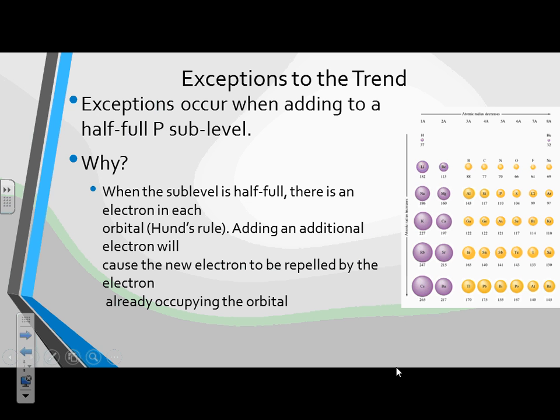Exceptions occur when you're adding to a half full P sublevel, like the picture shown on the page. So the exceptions occur mainly at the 6A group, and that's because whenever the electrons jump up from S to P, they experience the shielding effect.